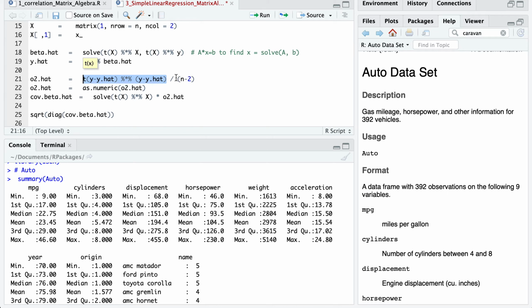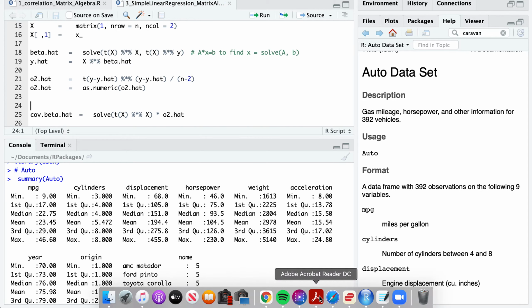And then we divide this by n minus 2 to get an estimate of the noise variance. We make it numeric just so that R doesn't give us a headache. And let's just leave this here at this point. There is more coming.